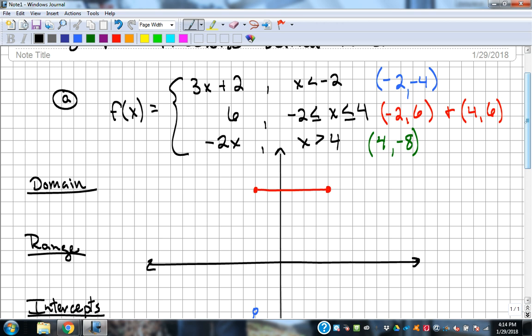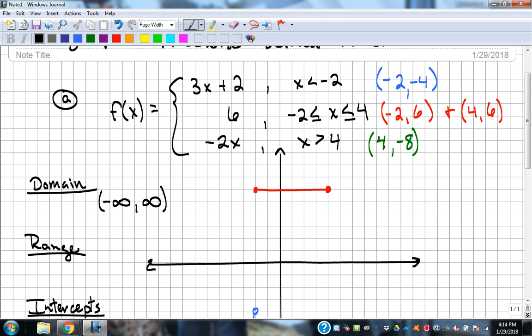Okay, so we're going to keep trucking from 4 to x is greater than 4. So that's going to get us all the way up to what? Positive infinity. So our domain for this one is from negative infinity to positive infinity, because anywhere that they jumped and went to the next function, it picked it up. There wasn't an empty spot in the domain.